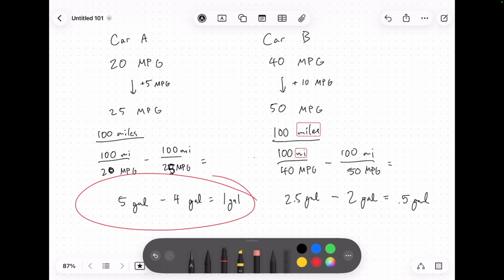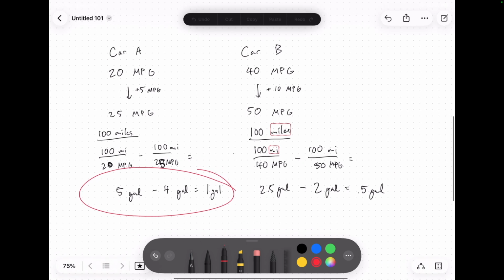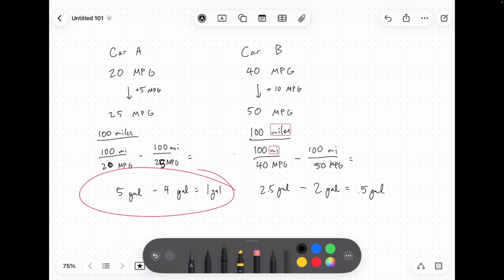And so if I were just to take 1 over each of these, this would look something like 1 over 20 or 0.05 going to 1 over 25, which is 0.04.